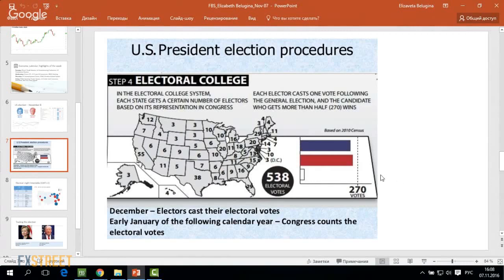The thing is that the US got a system called the Electoral College, and in this system each state gets a certain number of electors based on its representation in the Congress. You can see on the picture the numbers which are inscribed on each state. These are the numbers of the electors each state has.